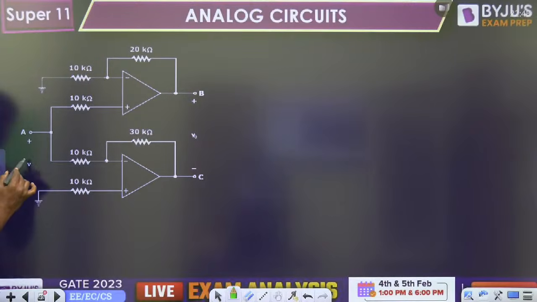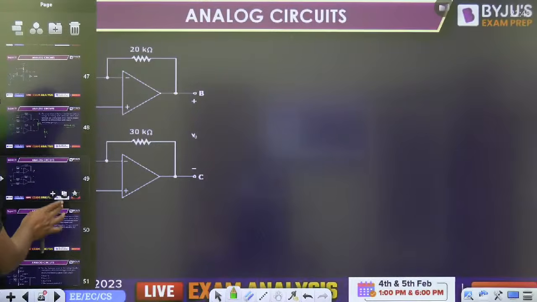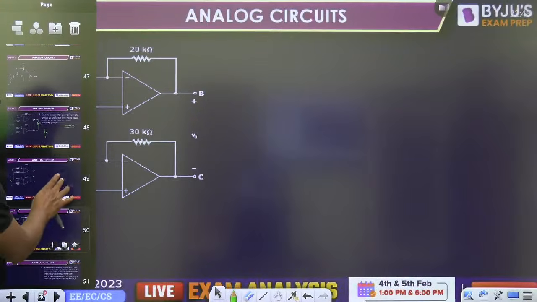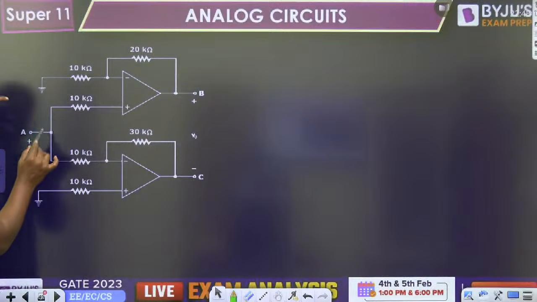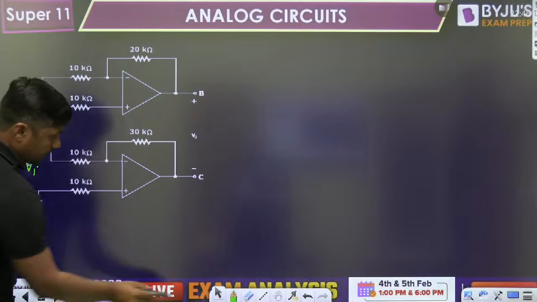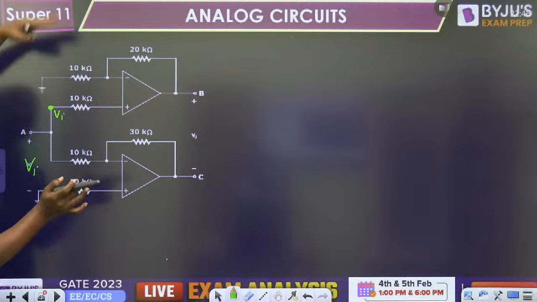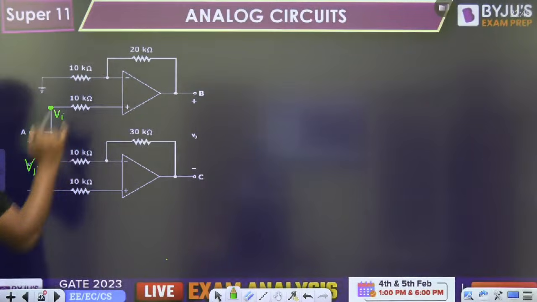If VI is connected here, then in this terminal the voltage is VI. That is a separate diagram. It is a non-inverting operational amplifier.